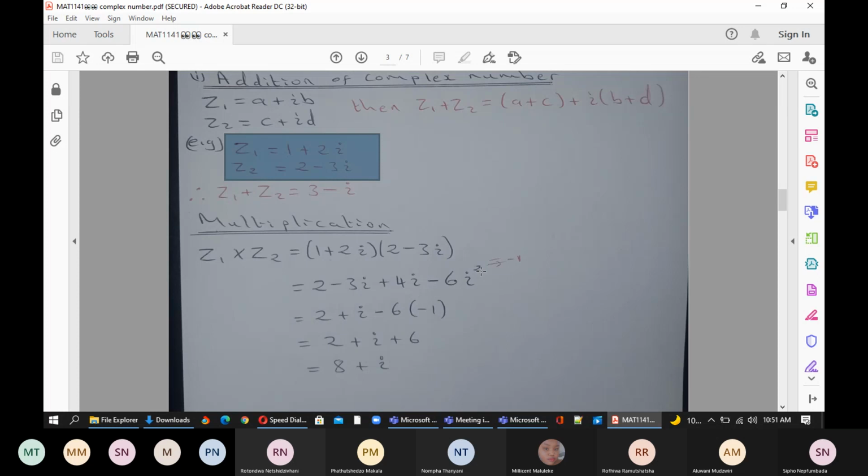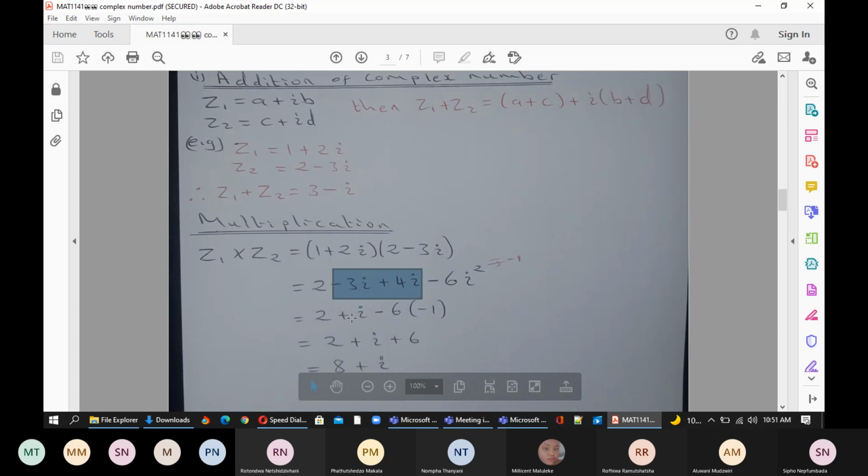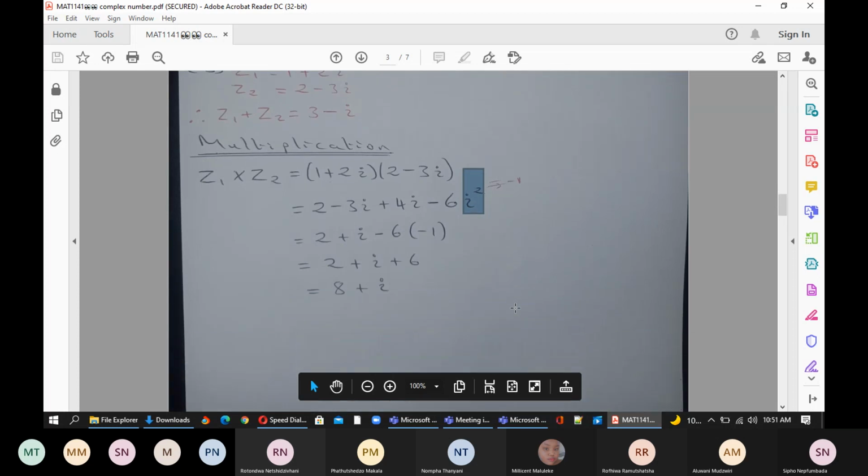Are we still together? So now we group the like terms. Minus 3i plus 4i is 1i. But we know that i squared is equal to -1, so where it says i squared, we substitute with -1.